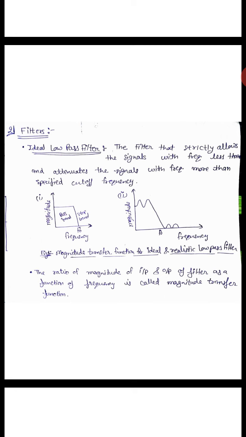F0 is the cutoff frequency in figure number 1. And what is the magnitude transfer function? The ratio of the magnitude of input and output of a filter as a function of frequency is known as the magnitude transfer function.